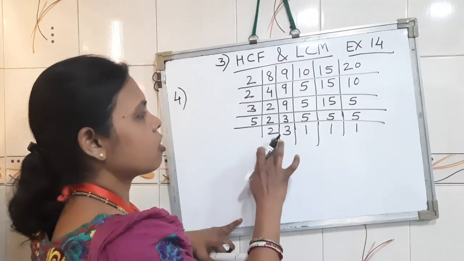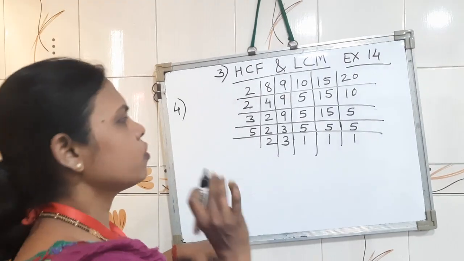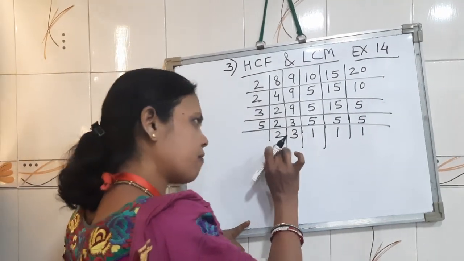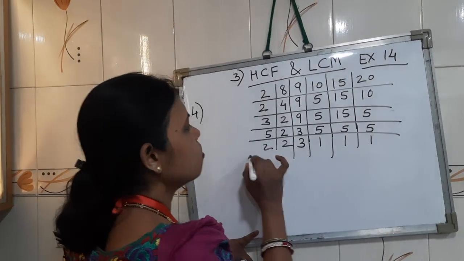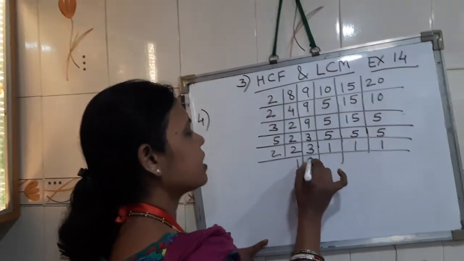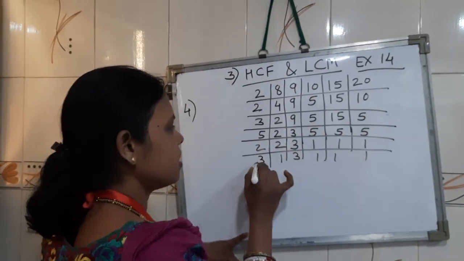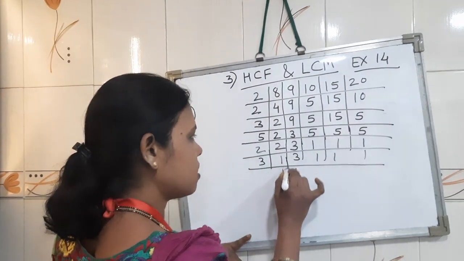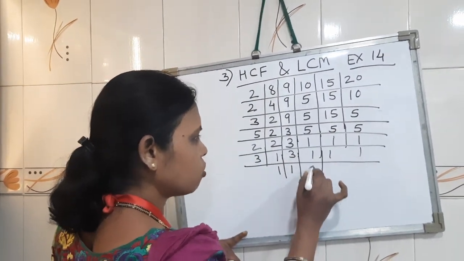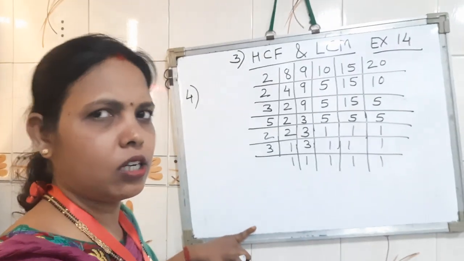Now what is there in your hand? 2 and 3. Then children, if you want 1 everywhere, then write 2 1s are 2, 1, and here 3, here 1. By 3, you will get 1 only, here 1, and everywhere you got 1 only.